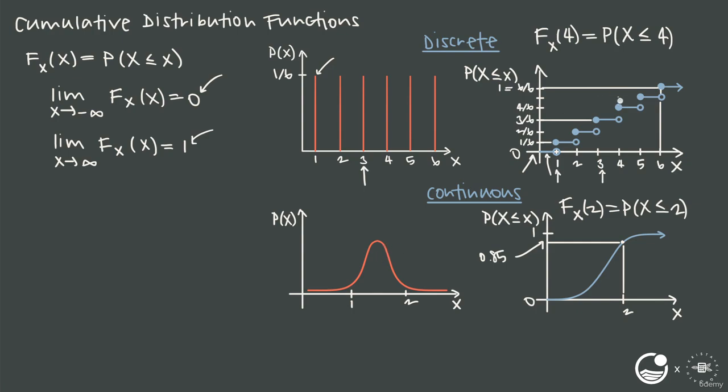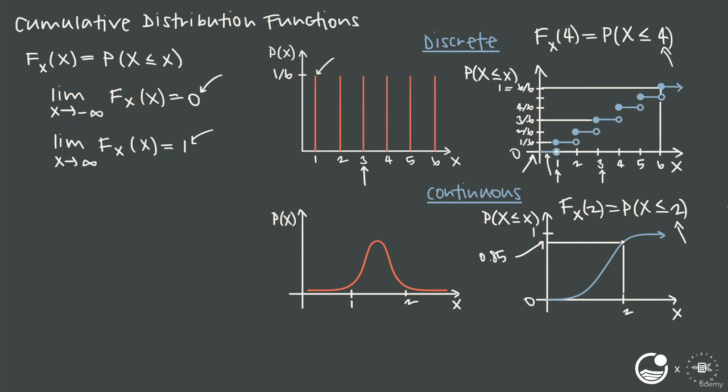Now, when we switch to cumulative distribution functions, we're looking at the probability that the random variable takes on some value up to some specified value, instead of the probability of an exact value or the probability of some value in an interval.